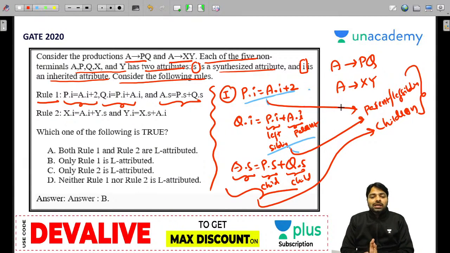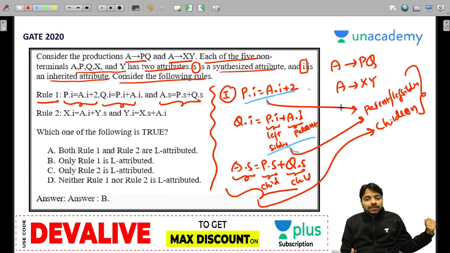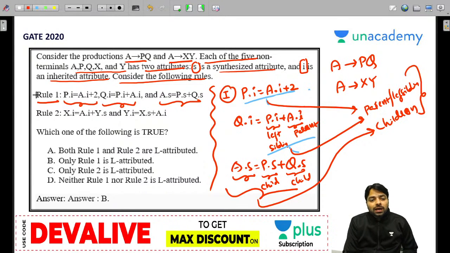That rule 1 is going to be in the L attributed because I can use a child, I can use a parent, or I can use a left sibling. So rule 1, I can say it can be present in L attributed. Why not in S attributed? Here they are not talking about S attributed, so don't think about it, guys. No need to worry. It is in L attributed, no doubt.